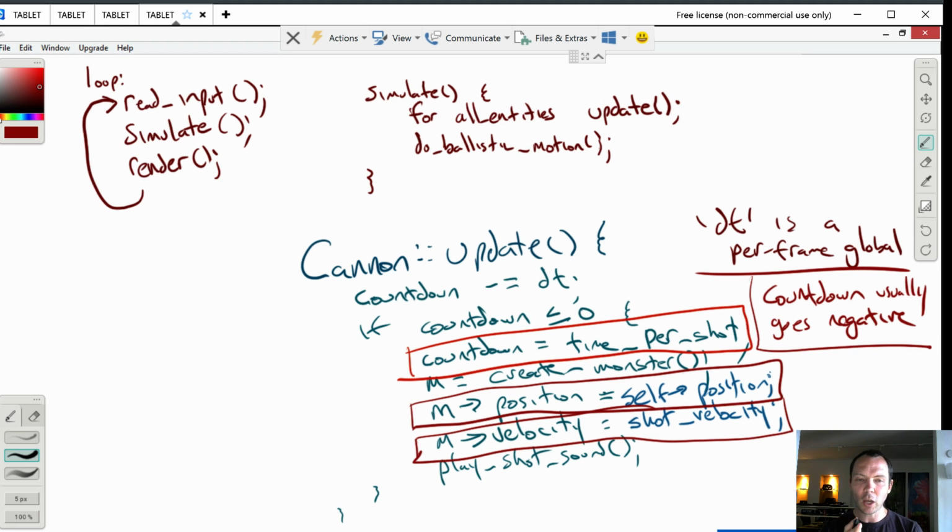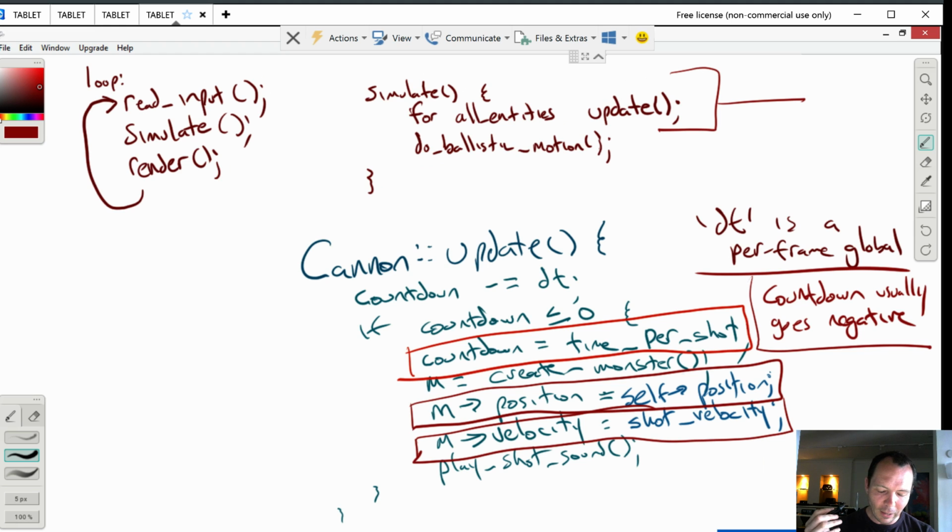Because the shot would, I was about to say because the shot would come earlier or later than in the frame. But really what's always happening is these are happening at the beginning of the frame or at the end. I mean, in this very simplified model, there's only one time that things happen, right?